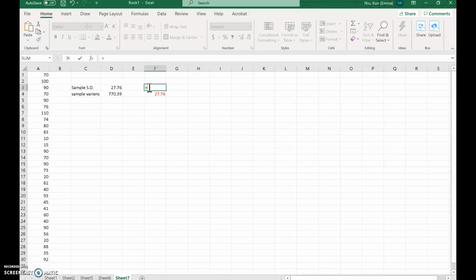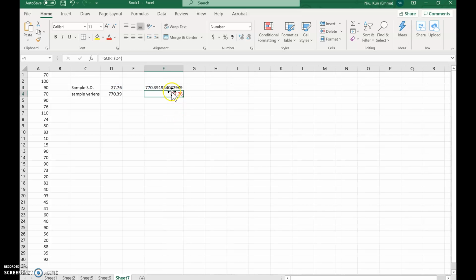On the other hand, if I square the sample standard deviation, the symbol for squaring is the caret, and just make it shorter by rounding it, I will have the sample variance back.